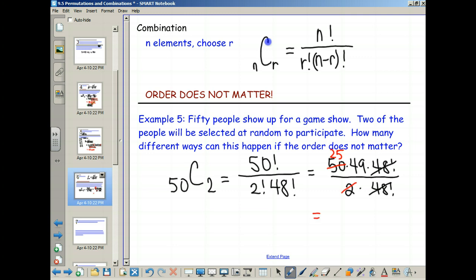So now you actually only have 25 times 49 instead of 50 times 49. What do you get? 1,225. Which is fewer than you had before. Before there were 2,450 ways, now there are only 1,225 ways to answer.